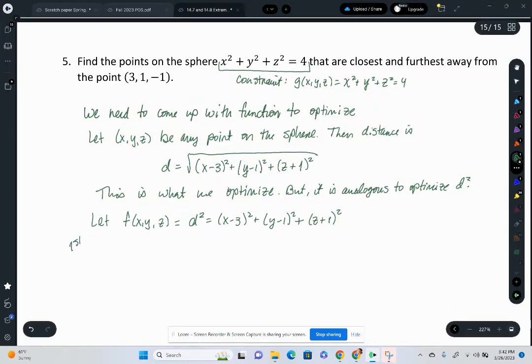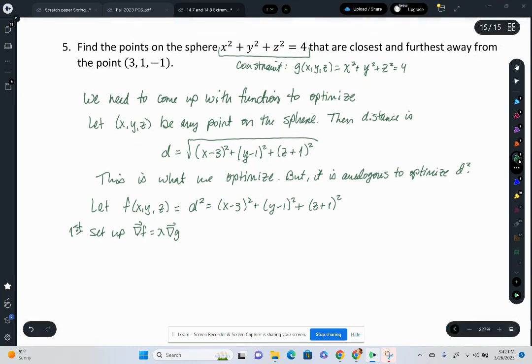First, set up the gradient of f equals lambda times the gradient of g. We just found our f, so let's get the vector with all of the partials in it.